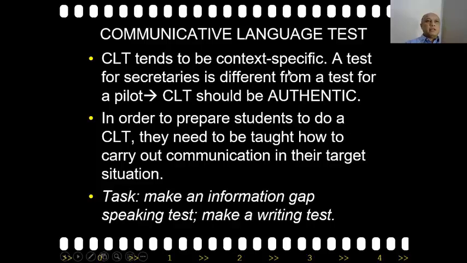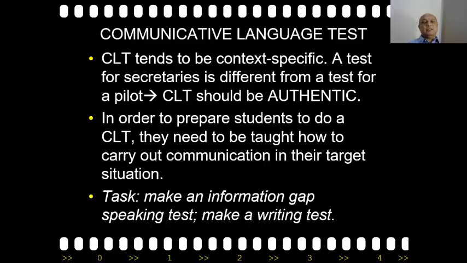CLT tends to be context specific. What is context specific? Context specific means it is very much dictated or determined by the context of the TLU, of the real life situation. So a test for secretaries is of course different from a test for a pilot or a teacher, because secretaries have their own context, pilots have their own context, and teachers have their own context.